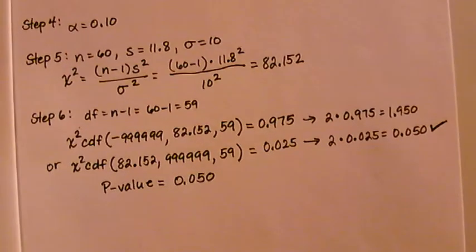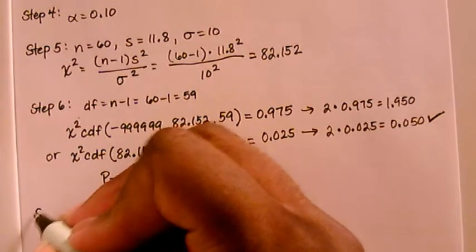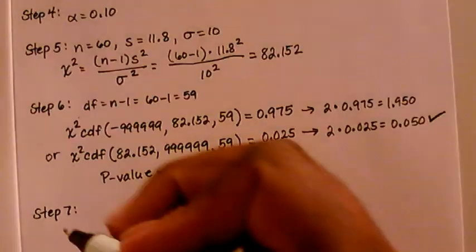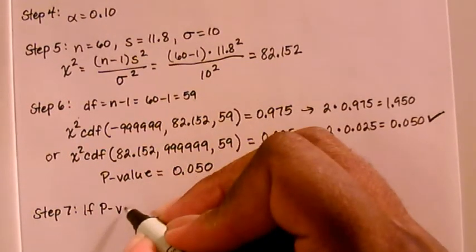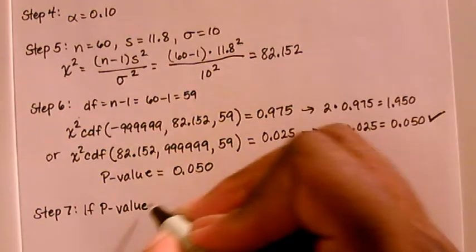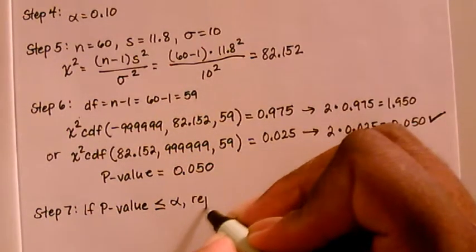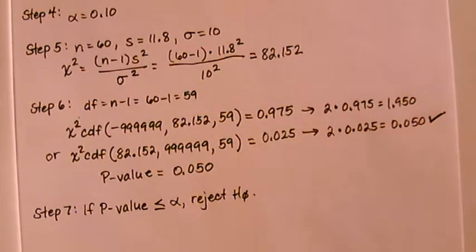Now, step number 7 is your decision rule. We're using a p-value approach, so if your p-value is less than or equal to alpha, reject the null hypothesis.